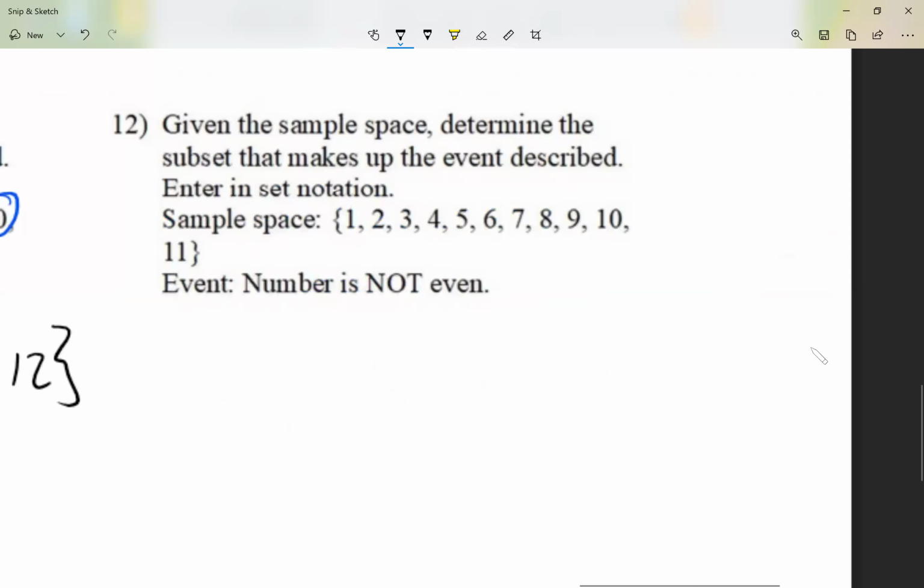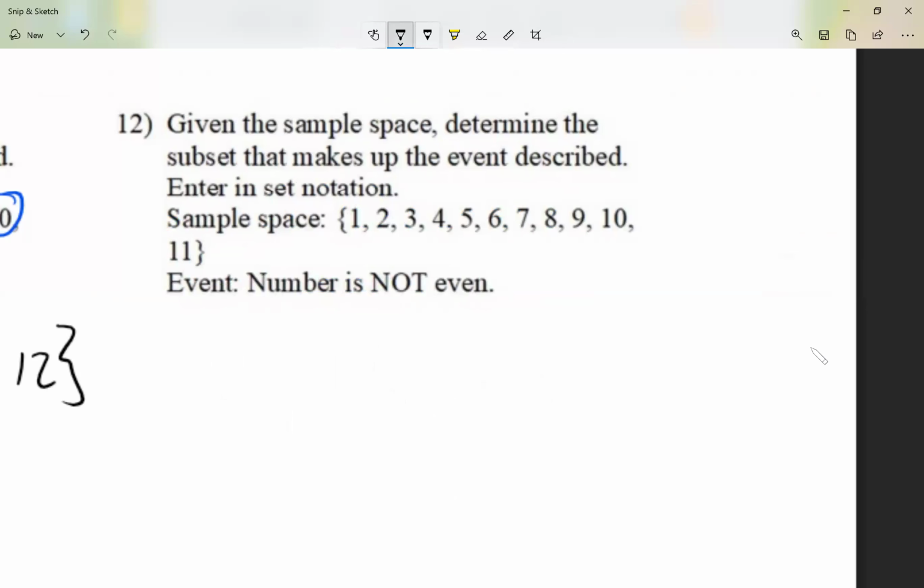Let's take a look at question number 12. We're doing subsets today. Given the sample space, determine the subset that makes up the event described, enter in set notation. I see my sample space. Number is not even, so I'm not going to circle the even numbers.